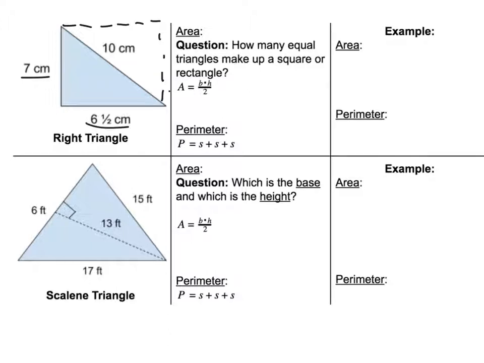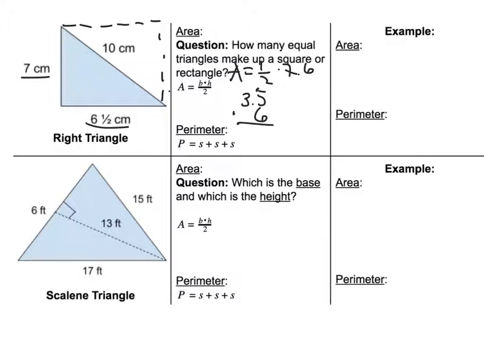In this case, that means area is 1/2 times 7 times 6. Now I'm going to go ahead and multiply my 1/2 by 7 because I know that half of 7 is 3.5. And I can multiply my 3.5 by 6.